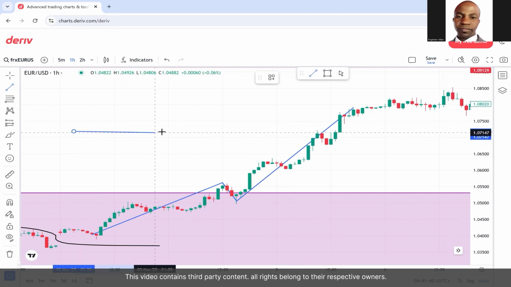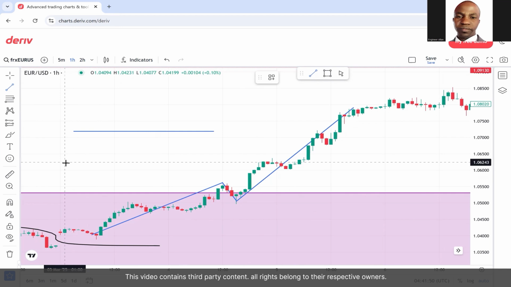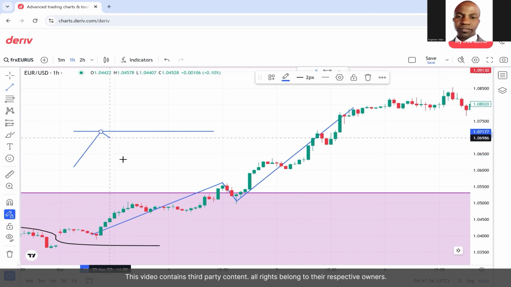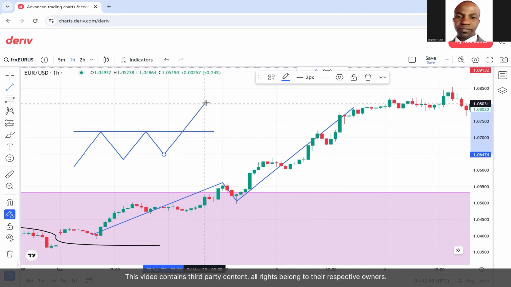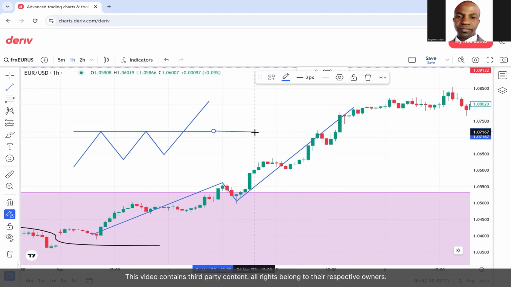For example, let's say this is support. The price comes like this, hits it, goes down, hits it again, goes up like this. So it's a resistance zone. But now, when the price gets out of it, it ceases to be a resistance, and that turns out to be a support.